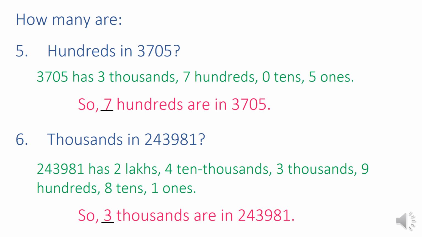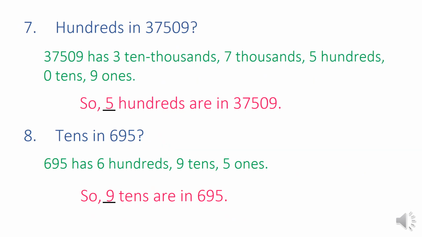Our sixth question is how many thousands are in 2,43,981? 2,43,981 has 2 lakhs, 4 10,000s, 3 thousands, 9 hundreds, 8 tens, and 1 one. So 3 thousands are in 2,43,981.